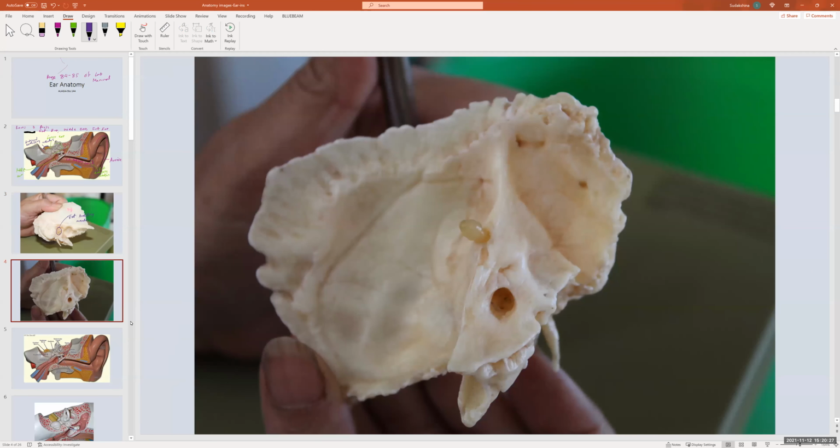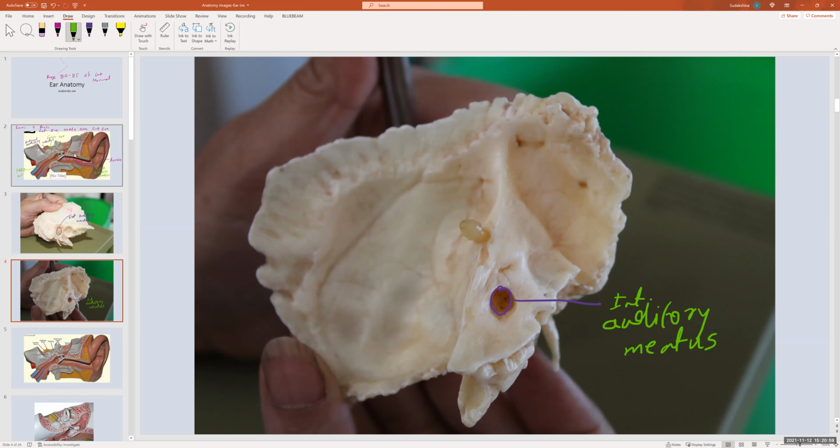And here is internal auditory meatus. So the structures of the ear are within this bony fold of the petrous portion of the temporal bone. That's what the petrous portion is for, to house the inner and the middle ear.